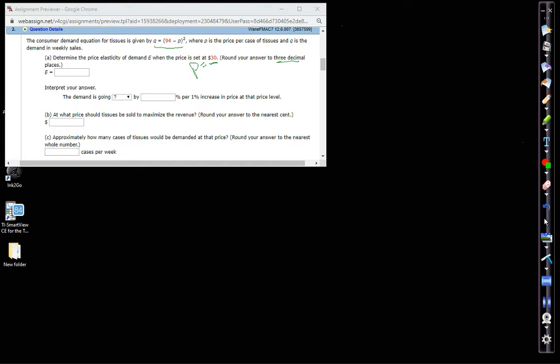So for price elasticity of demand, we have minus the function value derivative times the price over the function itself.